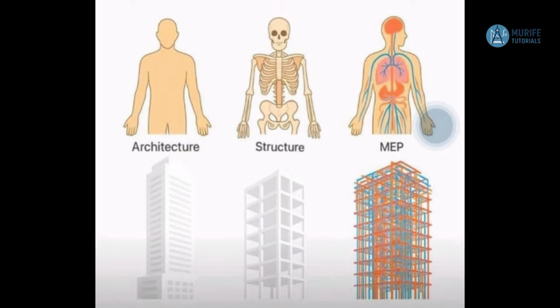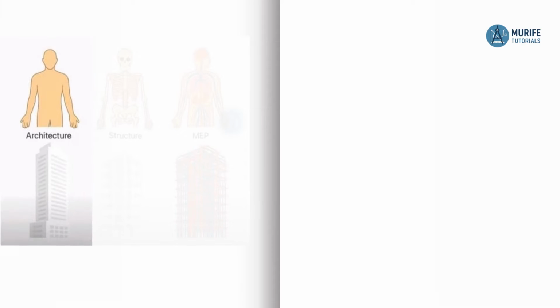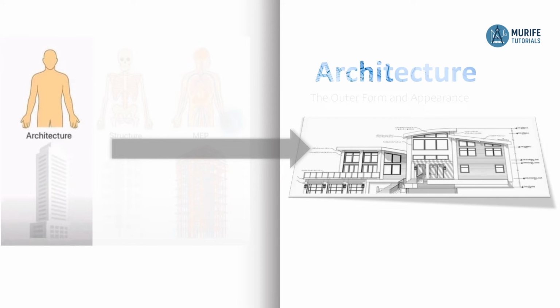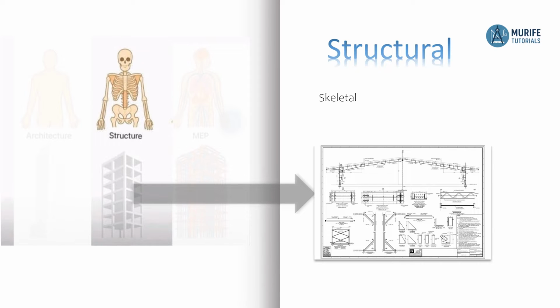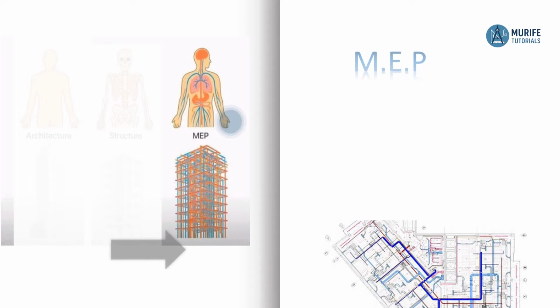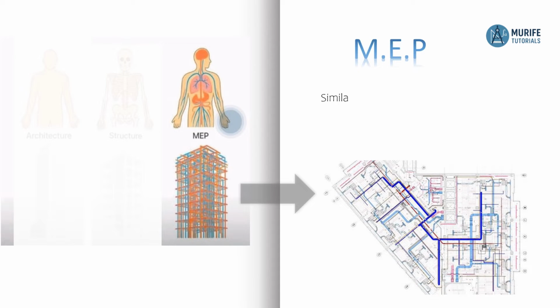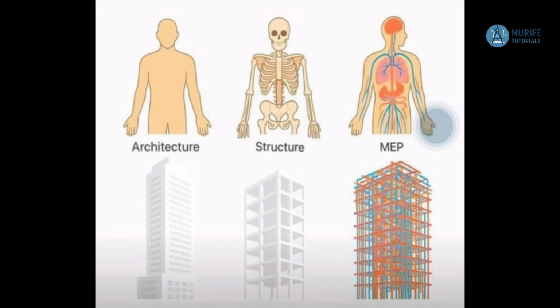Understanding building drawings can be likened to comprehending human anatomy, as both involve dissecting complex systems into their fundamental components. Just as a human body comprises architecture, the outer form and appearance, structure, the skeletal framework providing support, and MEP, mechanical, electrical, and plumbing systems, analogous to the circulatory and nervous systems, a building drawing similarly breaks down a structure into these essential layers.